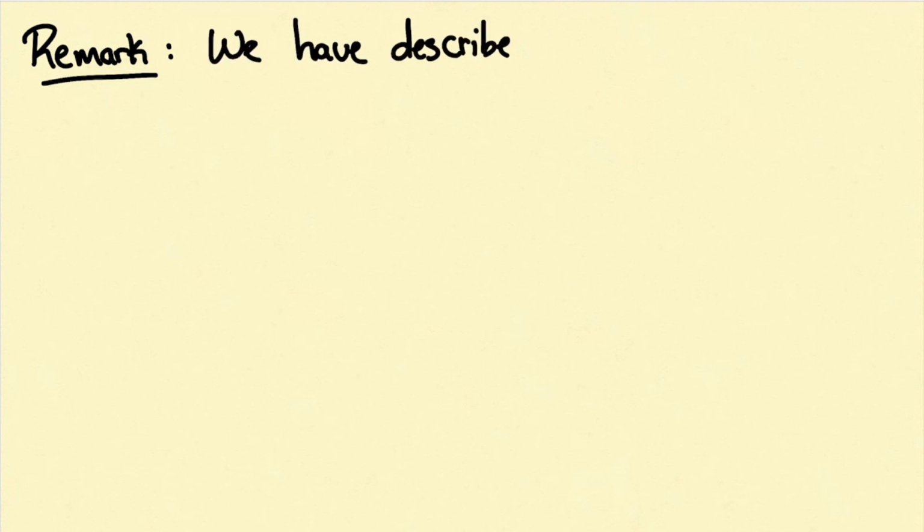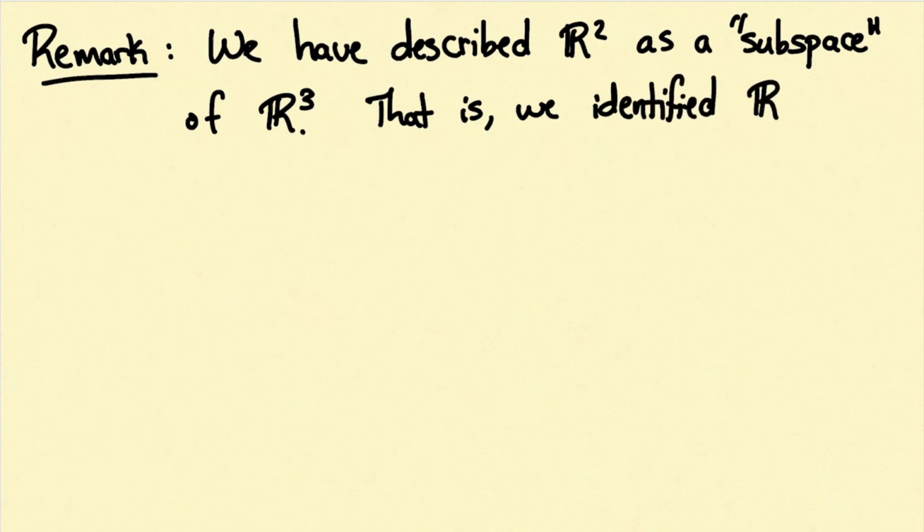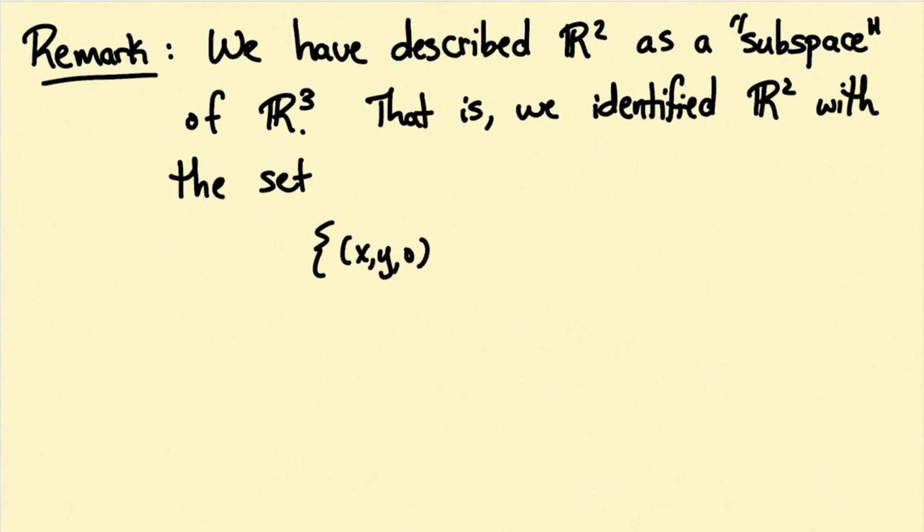So we described R2 as a subspace of R3, something that we won't quite define just yet, but you should have an intuitive feel for what this means. We've identified R2 with the set of all points in R3 whose z-coordinate is 0. That's the set (x, y, 0) inside of R3.